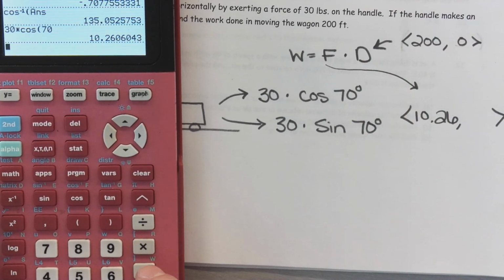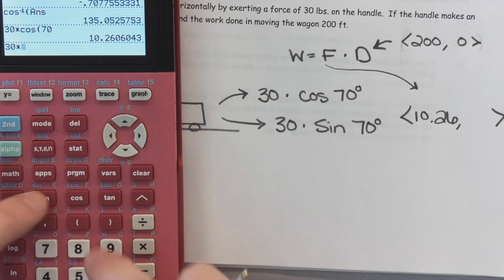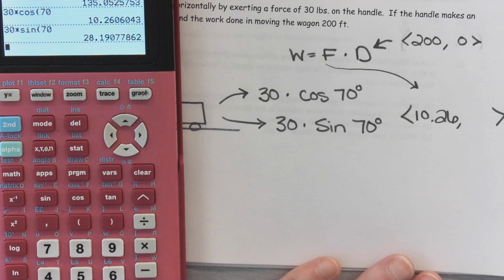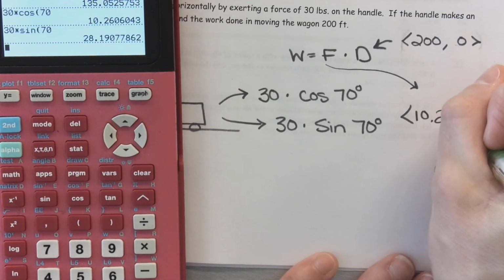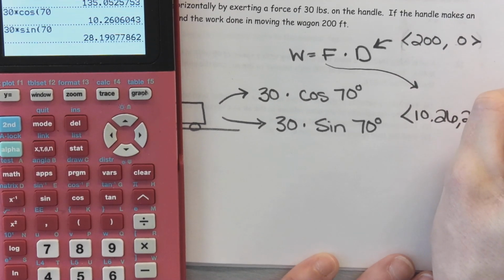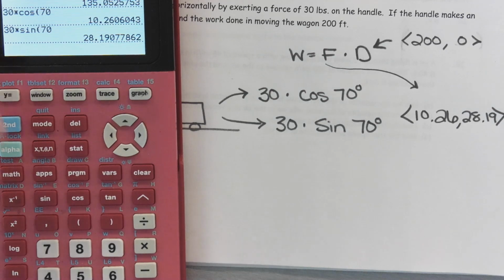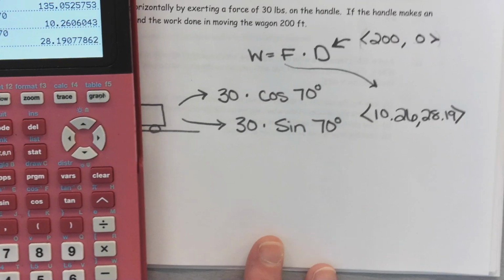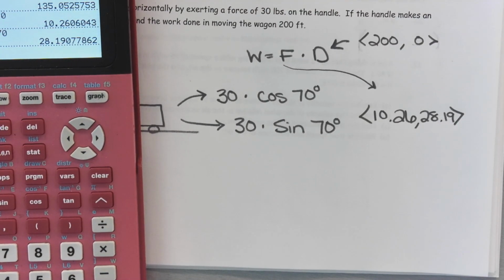And for the vertical component, I get 28.19. All right, so do we have component form for both the force and the direction? Yeah, those are the two things you need in order to get to work.